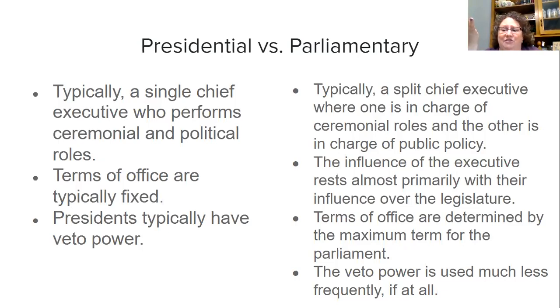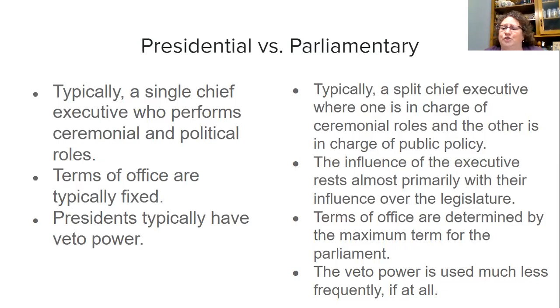You're not ever going to have divided government in a parliamentary system, and divided government can exist and often does exist in a presidential system. It doesn't have to. For example, AMLO, the current president, Andres Obrador of Mexico, has control of the presidency and of his legislature.